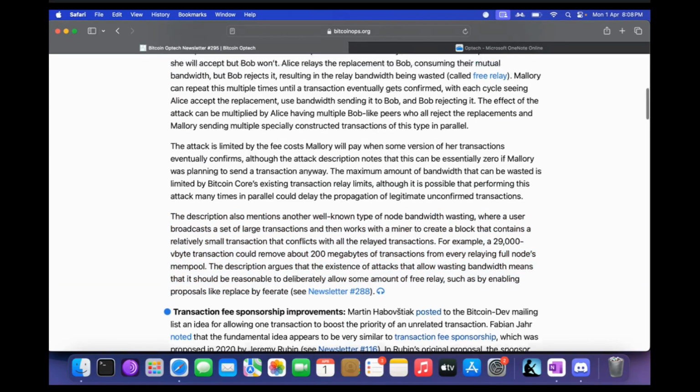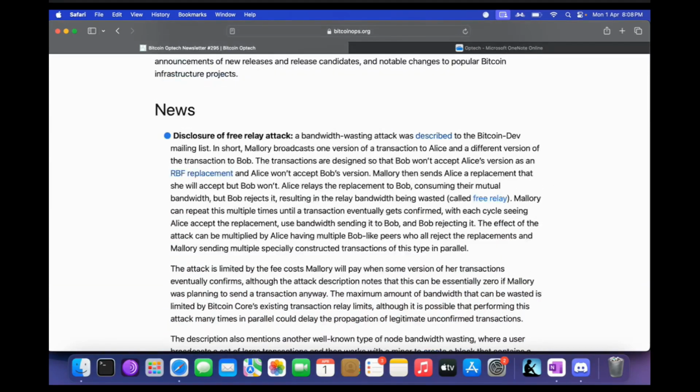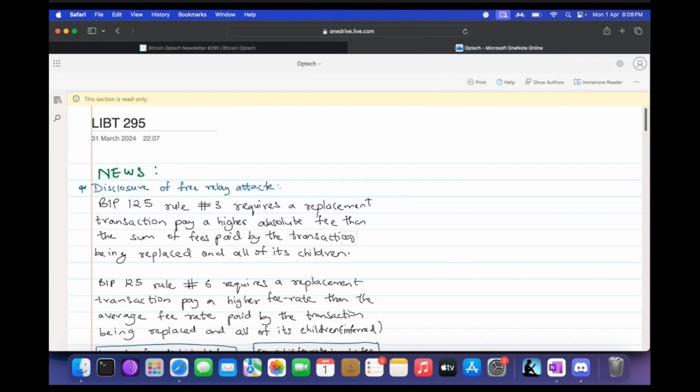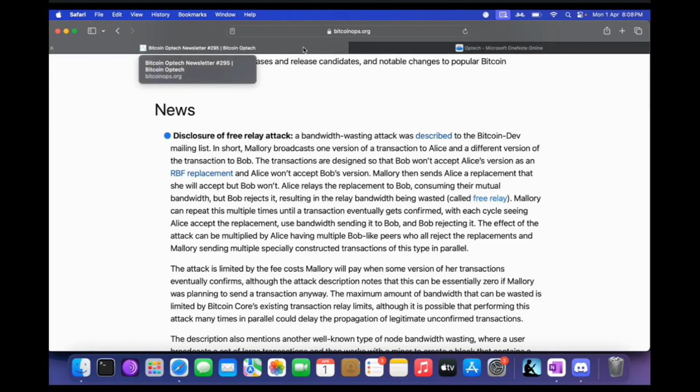So this news article describes a free relay attack that can be performed by a malicious attacker that wants to eat up the bandwidth of the nodes and engage them in doing activity that is of absolutely no avail. Okay, so basically, in accordance with BIP 125, RBF has 5 rules.